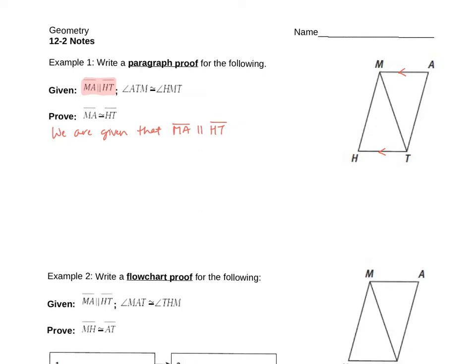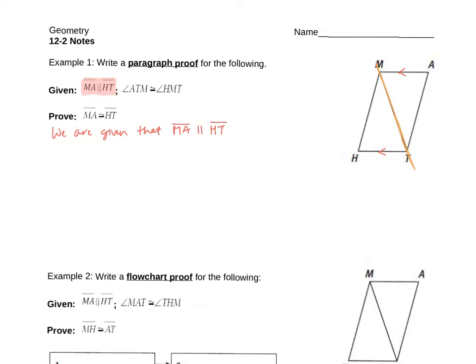So let's start thinking about what we know if those two lines are parallel to each other. Well, what we could do is extend MT a little bit. So let's imagine that we're extending this line a little bit and think about angle relationships, those that are essentially touching the two parallel lines.